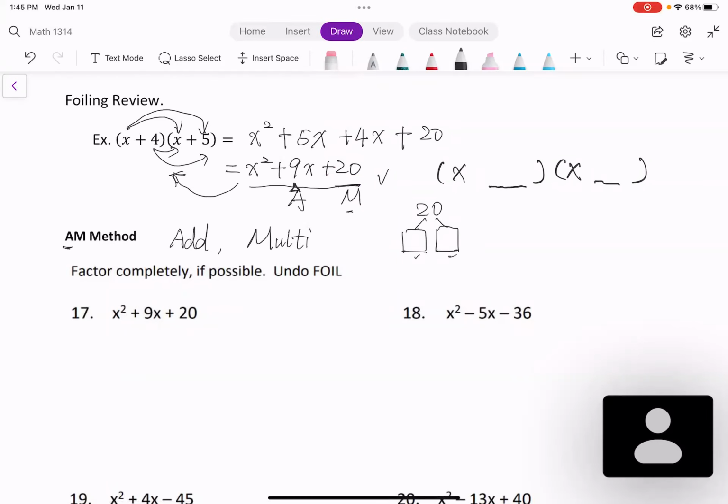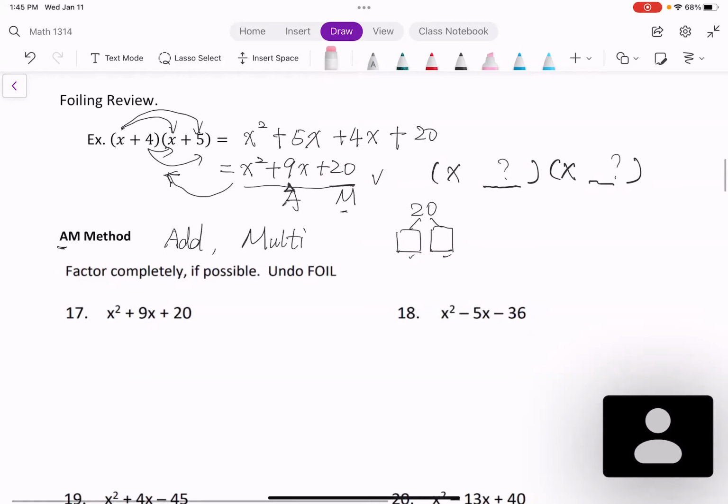I put question mark 1, question mark 2. Find two numbers whose multiplication makes 20 and addition is 9. They must be 4 and 5, because the addition of 4 and 5 makes 9 and the multiplication makes 20. So I can put positive 4 and positive 5 here.